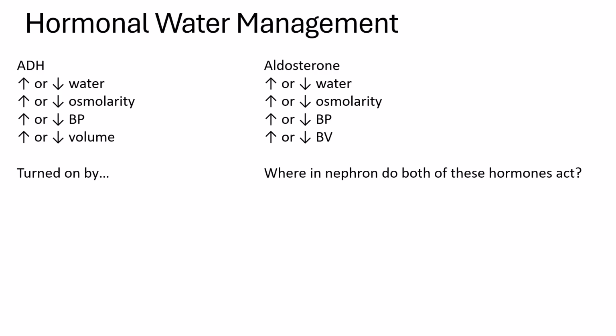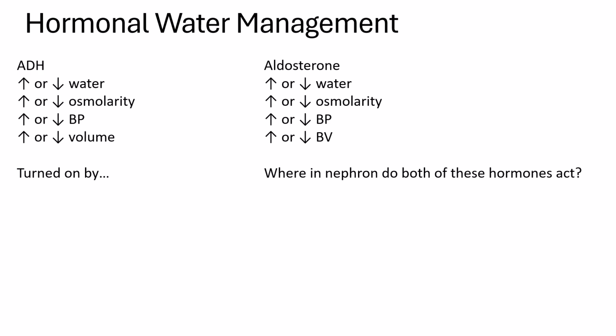At the same time that ADH is turned on, aldosterone was also probably triggered as well. Aldosterone acts also on the DCT, and it makes the nephron reabsorb sodium and secrete potassium. As sodium is reabsorbed, water comes with it, kind of taking away from everything that ADH is trying to do.